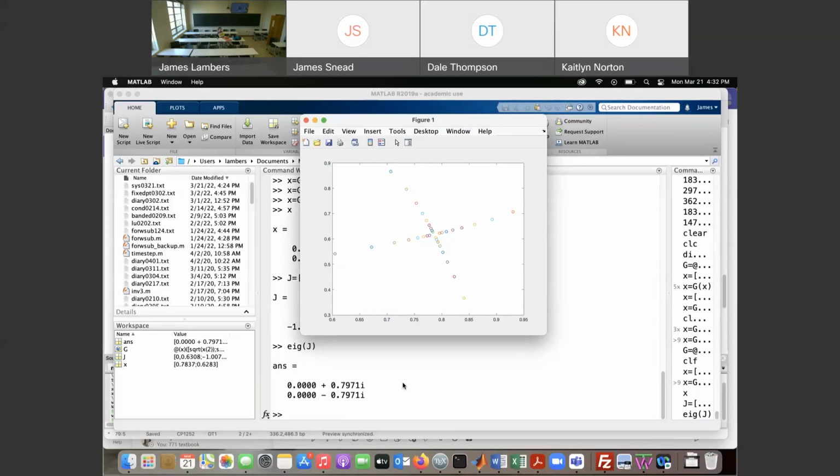But the intermediate value theorem does not have a direct analog in higher dimensions. So proving the conditions for the existence of a fixed point in higher dimensions is more difficult. But some of the same concepts apply. Like in a single variable case, we want G prime to be smaller than 1 in absolute value. Here we want the spectral radius of the Jacobian to be less than 1 near a fixed point to help with convergence. But you still need a decent initial guess.